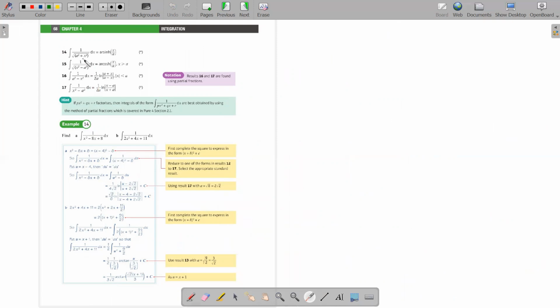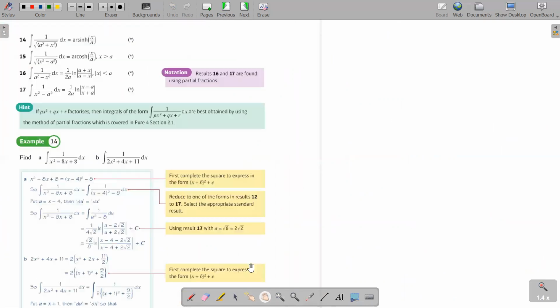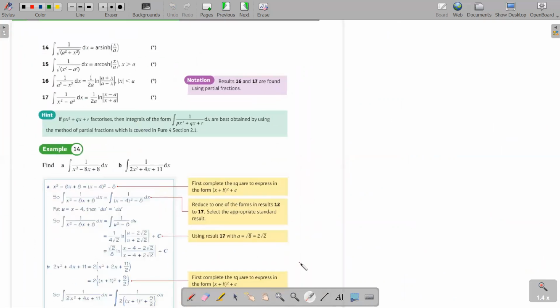Do you see? I think earlier we stopped at rule number 15 in the previous exercise. Am I correct? Yeah, we stopped at rule 15. So now they have introduced 2 new equations. The integration of 1 over a square minus x square is 1 over 2a times ln of a plus x over a minus x. And the 17th rule is the integration of 1 over x square minus a square.